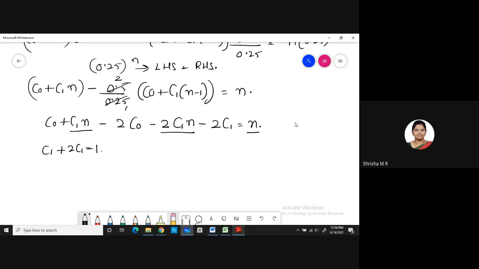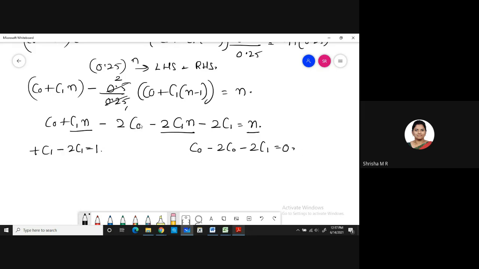Then the other terms, wherever you don't have that n term, I'll take here. C0 minus 2C0 minus 2C1 is equal to 0. To solve this, we need C1.